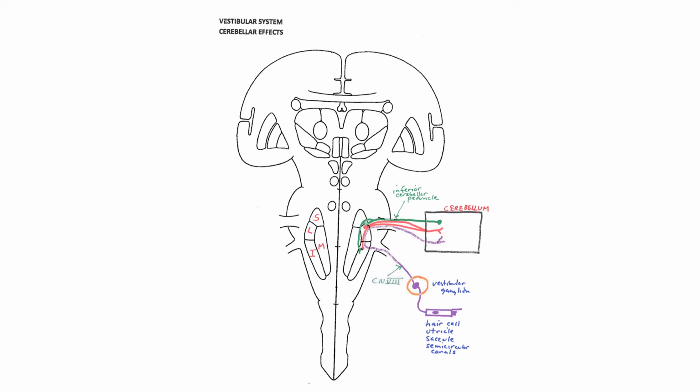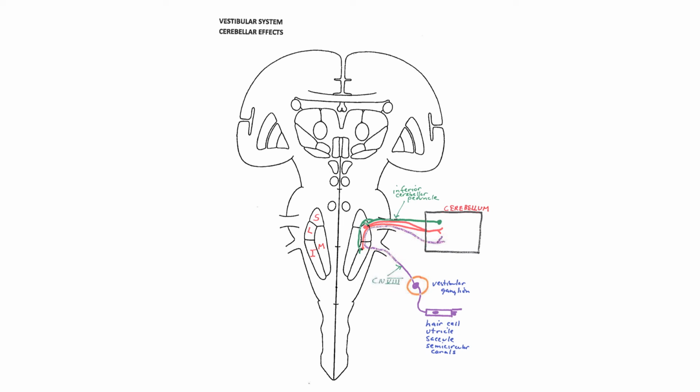We are going to have cell bodies in the vestibular ganglion. We are going to have these fibers come through cranial nerve 8. They will loop through the vestibular nuclei and go into the cerebellum.